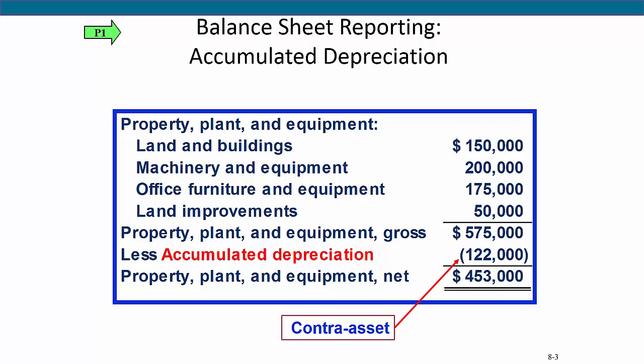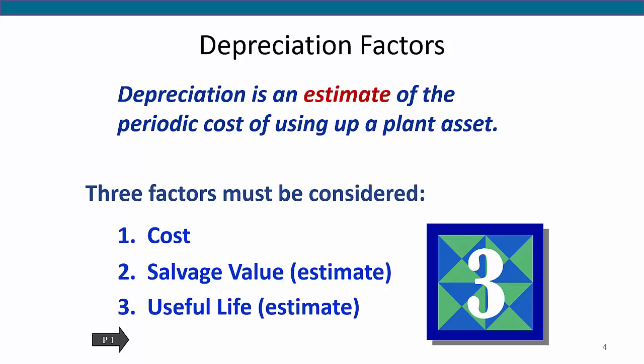Often, accumulated depreciation is reported in one lump sum amount on the balance sheet and detailed out in the notes for easier reading. Reporting both the cost and the accumulated depreciation of plant assets helps users compare the assets of different companies. And finally, remember that plant assets are reported on the classified balance sheet below current assets.